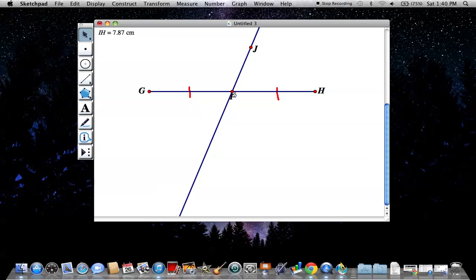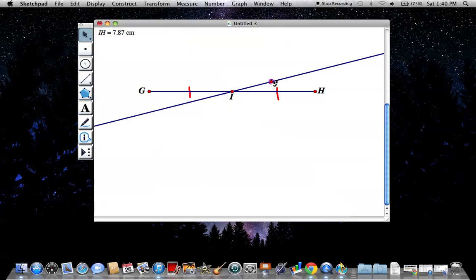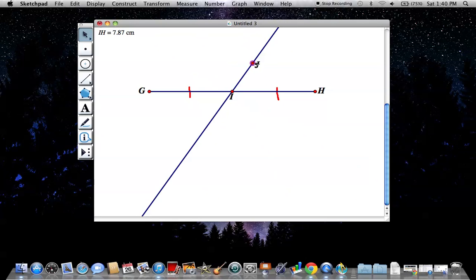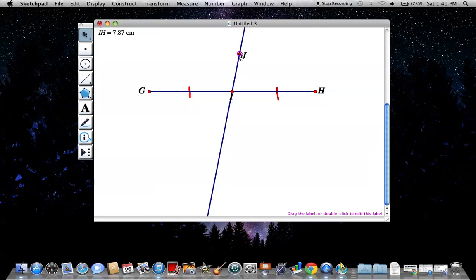Since line JI runs through the midpoint, we say that line JI is a segment bisector of GH because it goes to the midpoint. And if you notice, I can move it any way I want, it still splits GH in half.